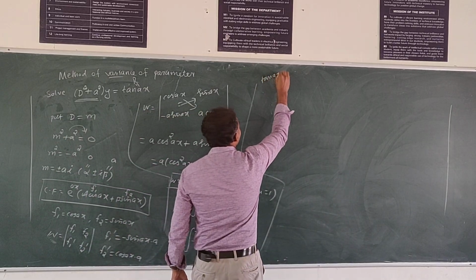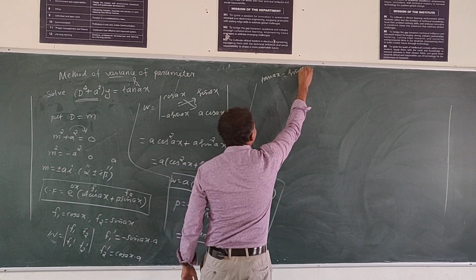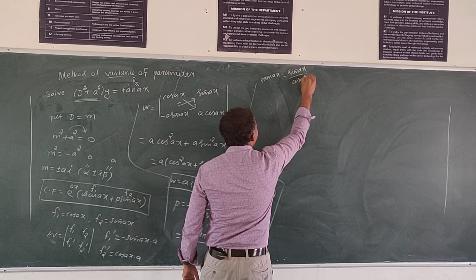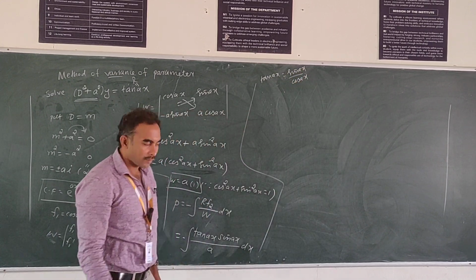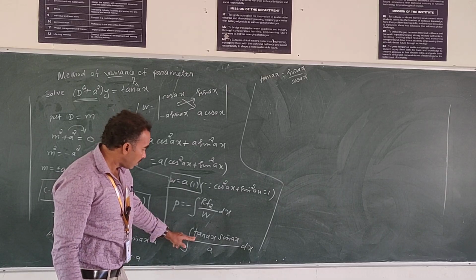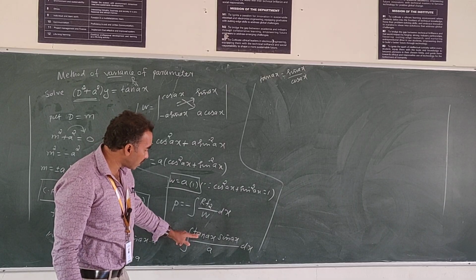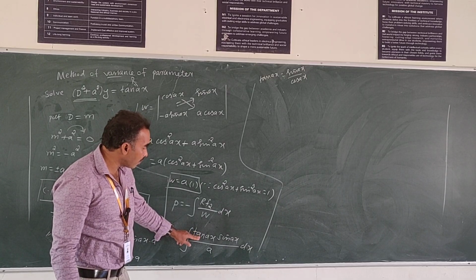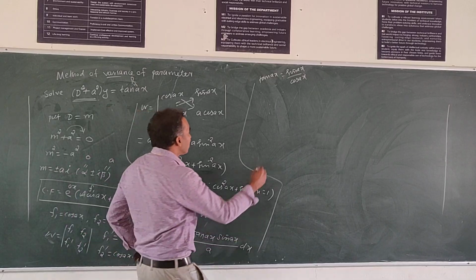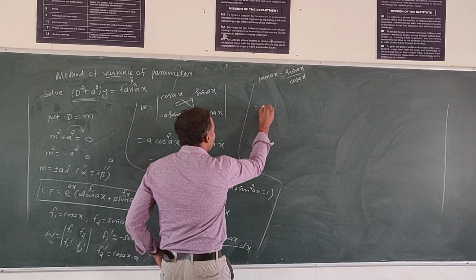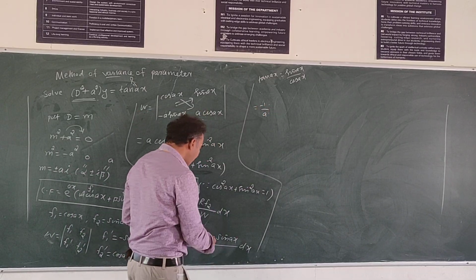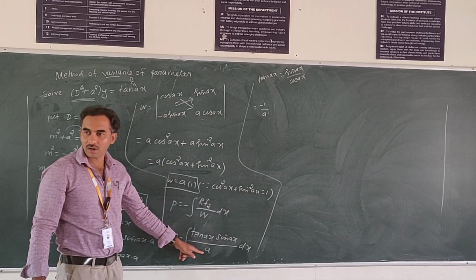Next, we have the trigonometry formula: tan ax can be written as sin ax divided by cos ax. Apply the value here. Take 1 by a outside because it is a constant.